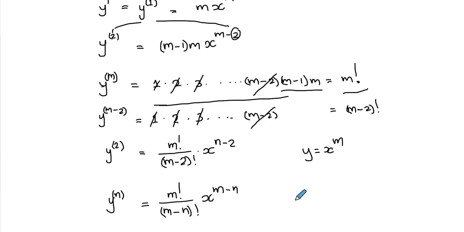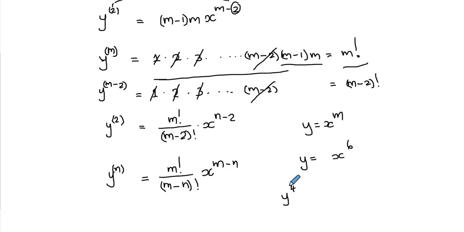So in this case now, let's say for example we're given y equals x to the power 6, and we need the fourth order differential coefficient. What is this telling us? It is telling us that we're going to have 6 factorial over 6 minus 4, which is 2 factorial, multiplied by x to the power 6 minus 4.